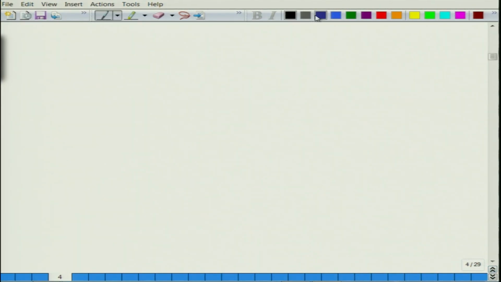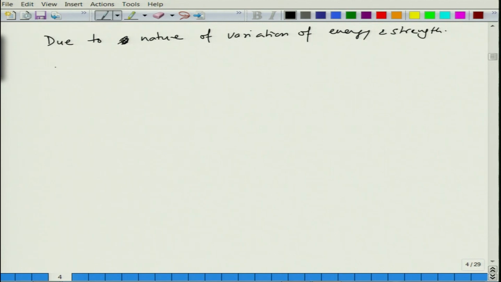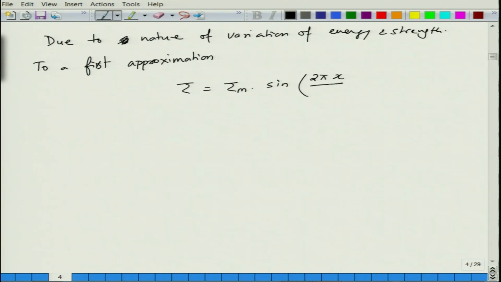So, as a first approximation, due to the nature of variation of energy and strength, one can write the shear stress as tau m into sine of 2 pi x divided by b.